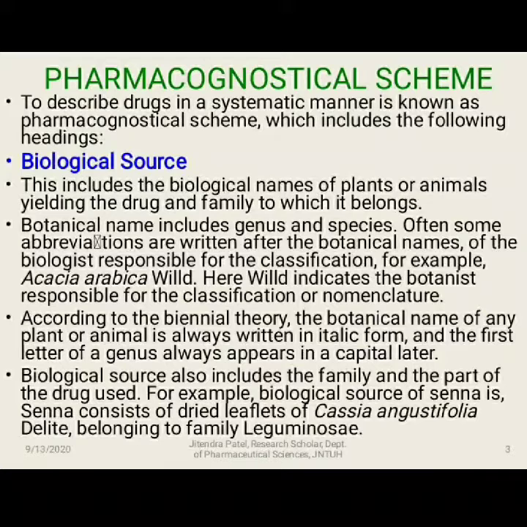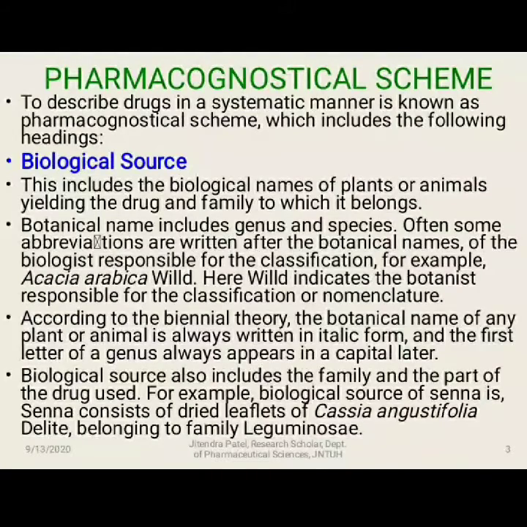Second point, the botanical name includes genus and species. Often some abbreviations are written after the botanical name, the abbreviation of the biologist responsible for the classification. For example, Acacia arabica Willd. Here, Willd indicates the botanist responsible for the classification or nomenclature, right?